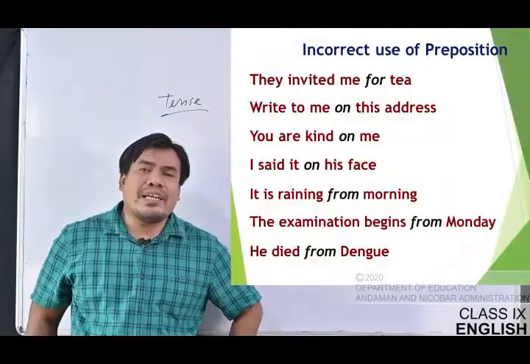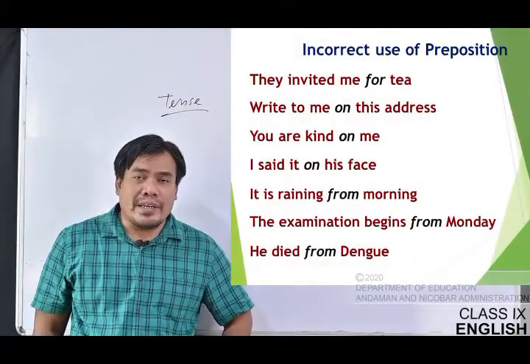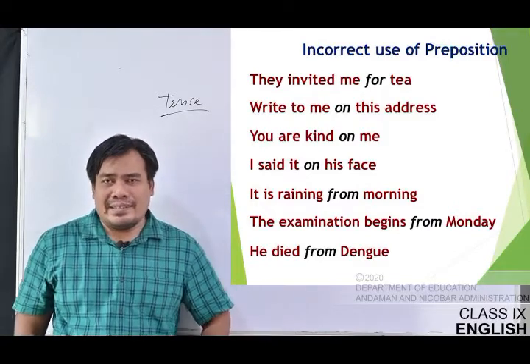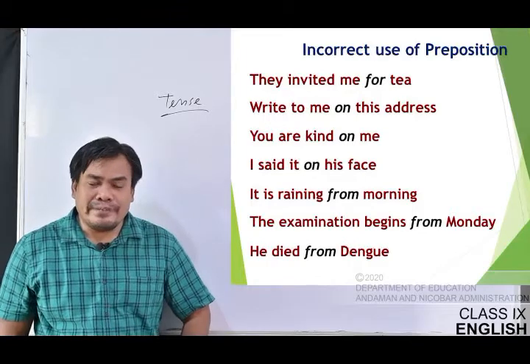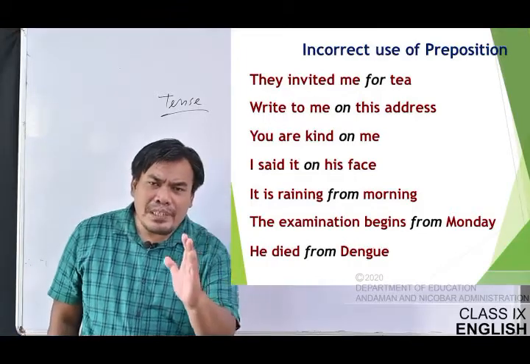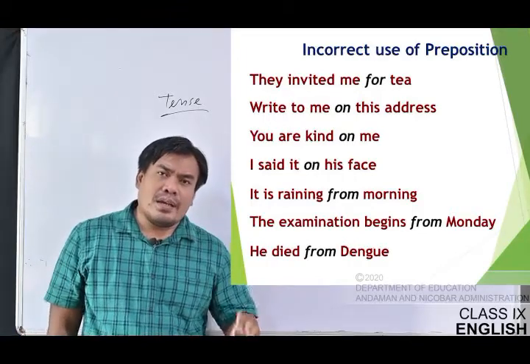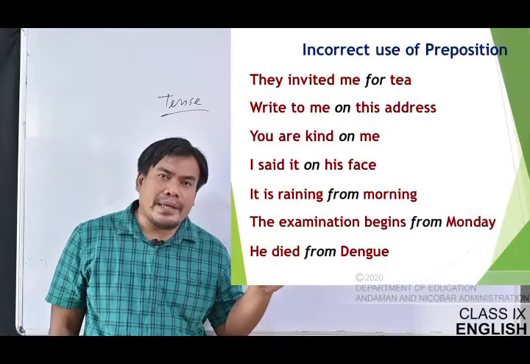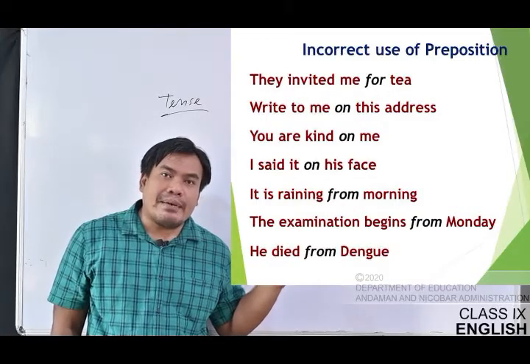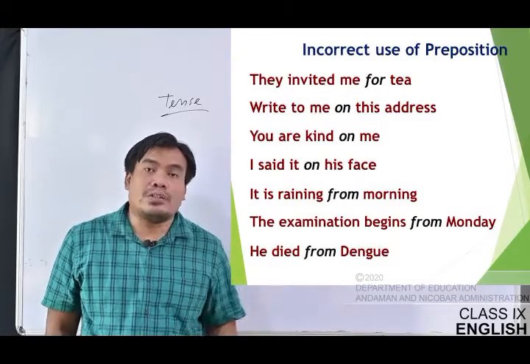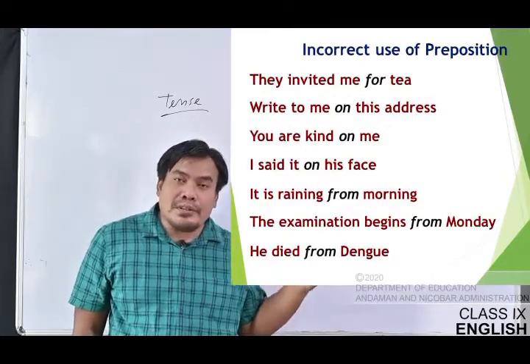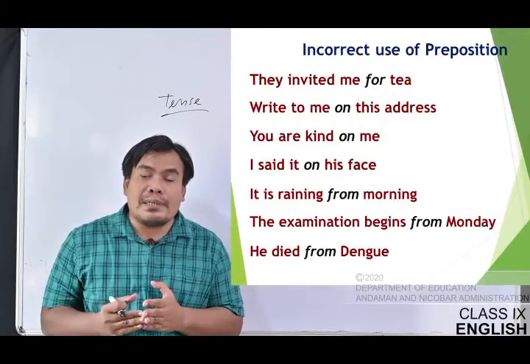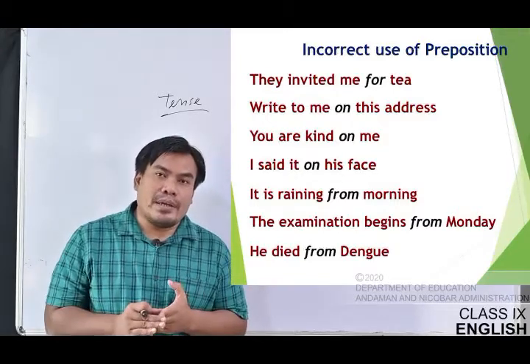The examination begins from Monday. Okay, now what is wrong with that? Do you find anything? Let me tell you that again. The examination begins from Monday. It's Monday, the day when the exam is going to start, to commence. But many people say that the examination begins from Monday.